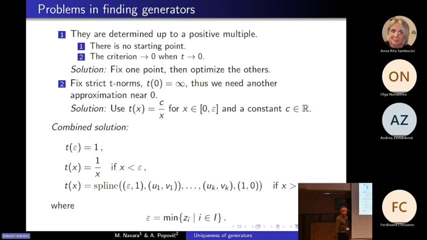A combined solution of the task on this slide is as follows. First, take some small epsilon near 0. Fix the value in it, say, to 1 without loss of generality. Replace by some function like 1 over x in the neighborhood of 0 for values smaller than epsilon.